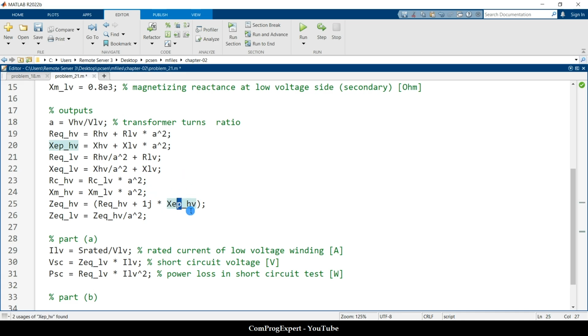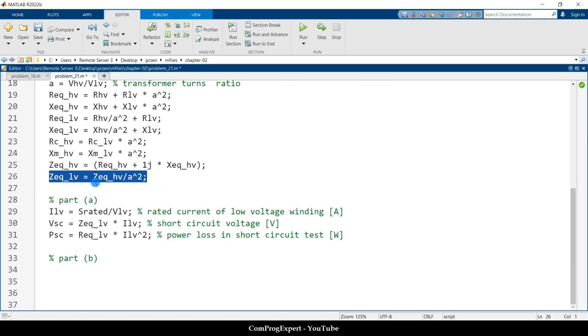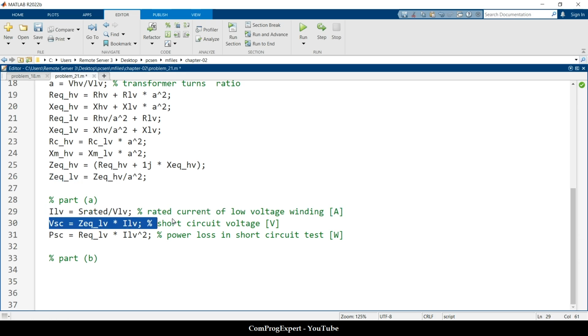This one is the X equivalent for the high voltage side. So this is the Z equivalent for high voltage and Z equivalent for the low voltage. The rated value of the current, the voltage of the short circuit, yes, Z equivalent times the current. So let me calculate the amplitude here.